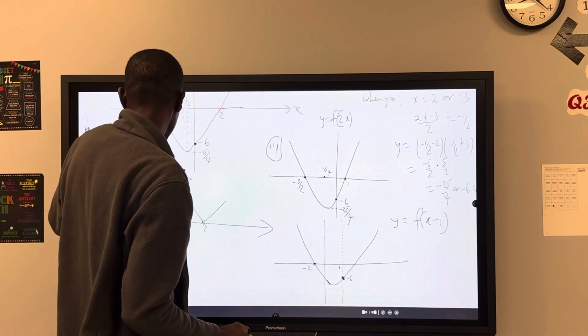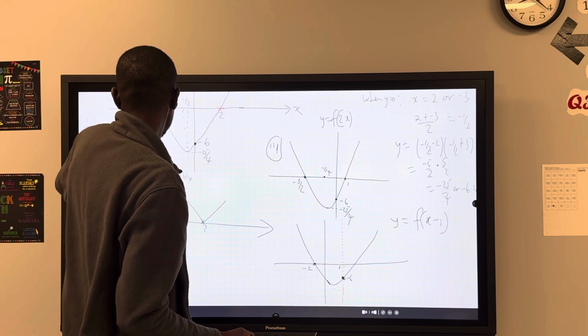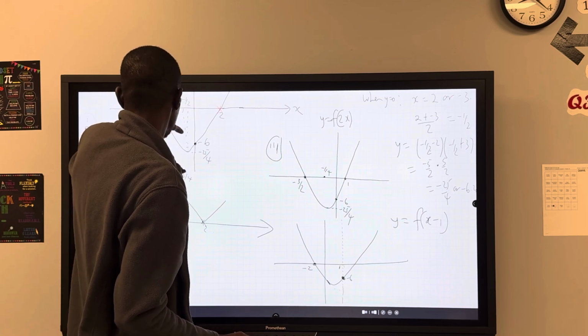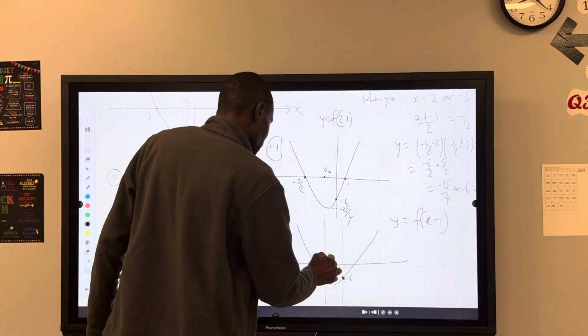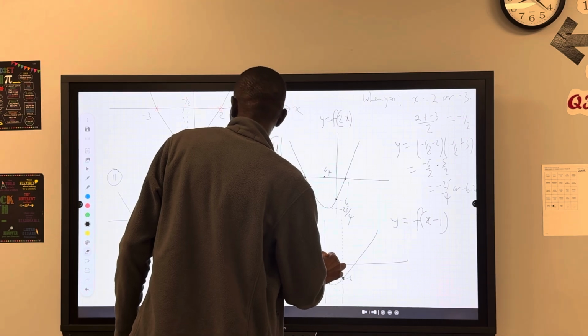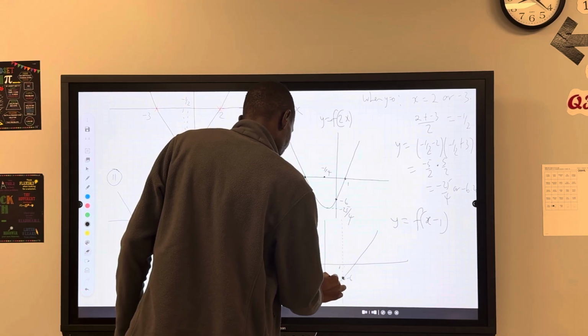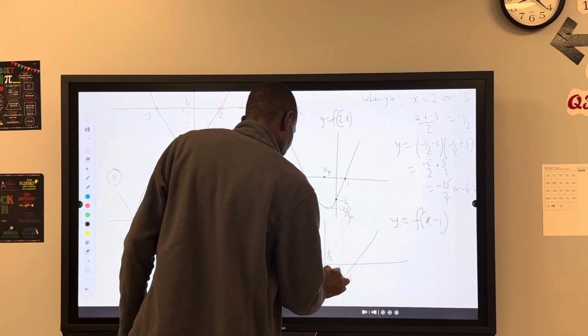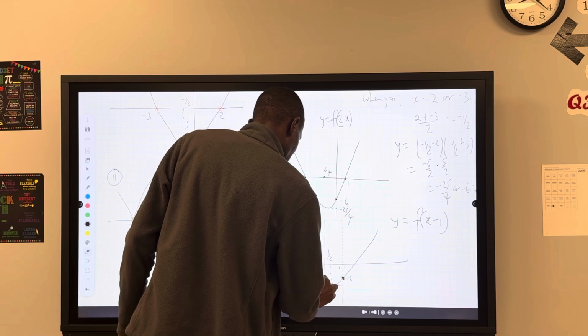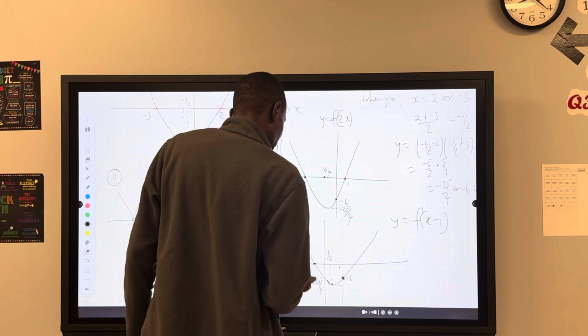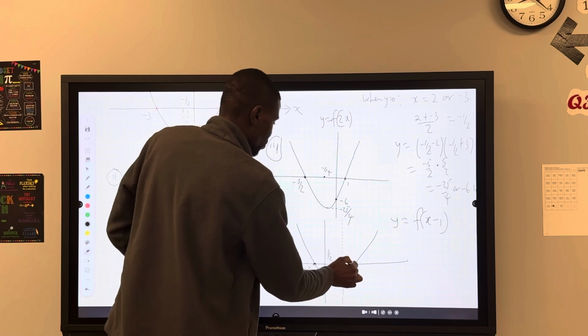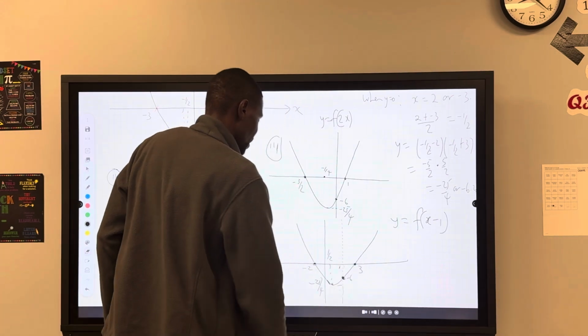Then -1/2 here. Sorry, it was this one, right? -1/2, it's now on +1/2, right? So it's now here, on +1/2, and the -25/4 remains there. 2 plus 1, it's now 3, right?